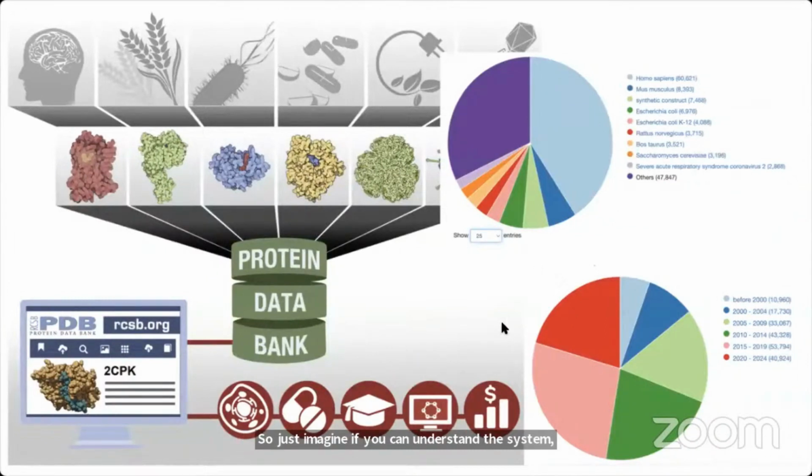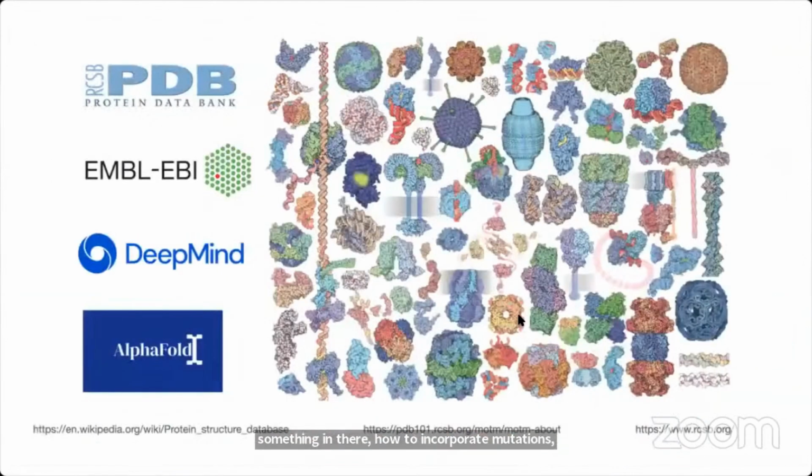So this is the repository where we will be finding the structures and understanding the very basics of structure: how to understand the structure, how to change something in there, how to incorporate mutations, how to understand the role of the mutations, and exploring different types of research projects and structures.